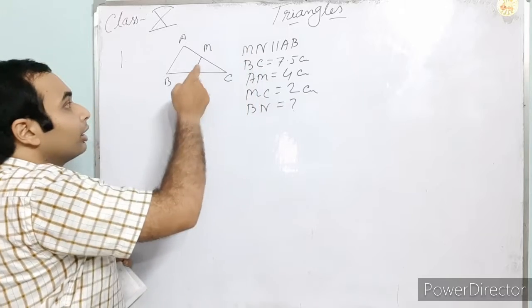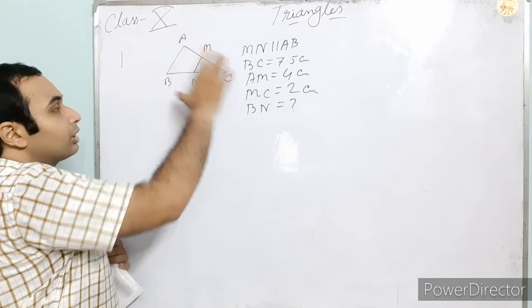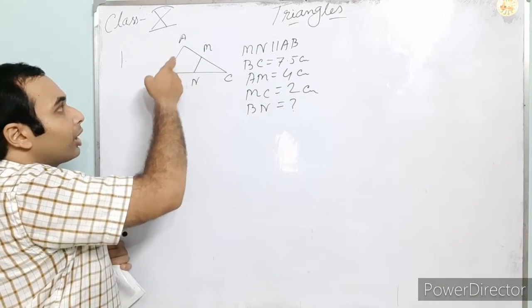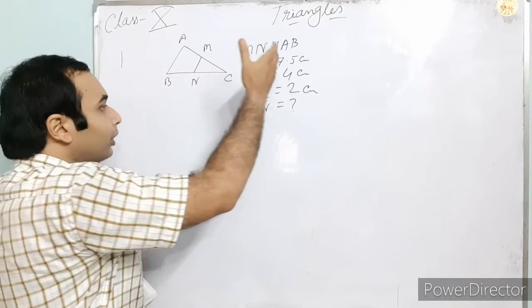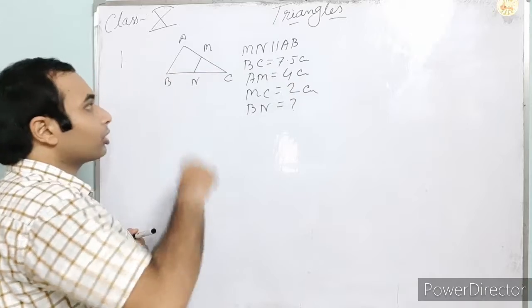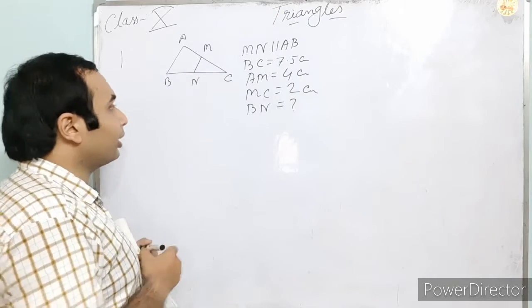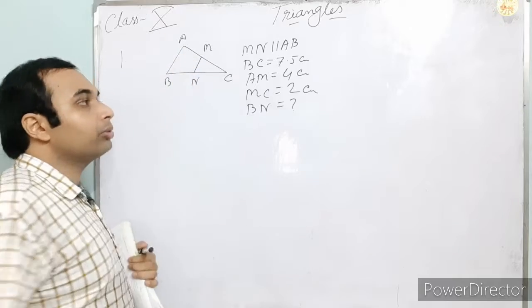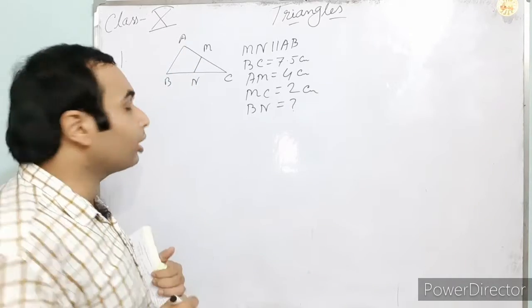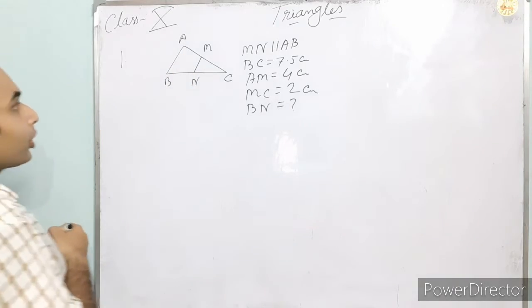Just see the figure: one line is parallel to a side, as in the Thales theorem. After that, the measurements of the lines are given, and you have to find one measurement. So obviously the Thales theorem will be used, as the proportionality is there.